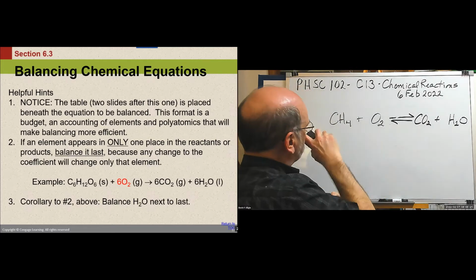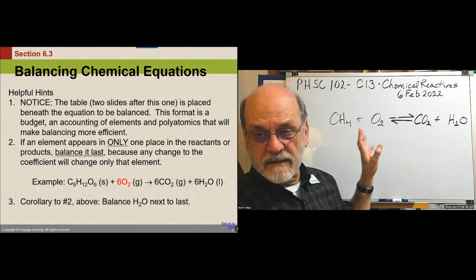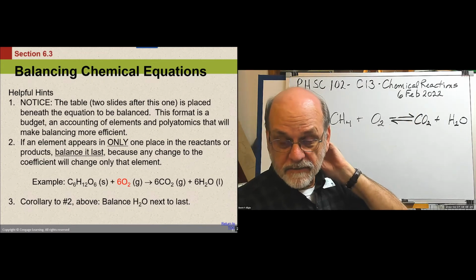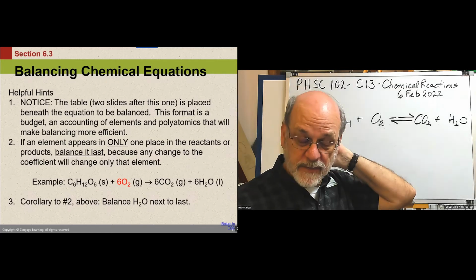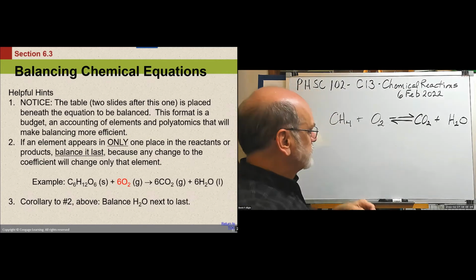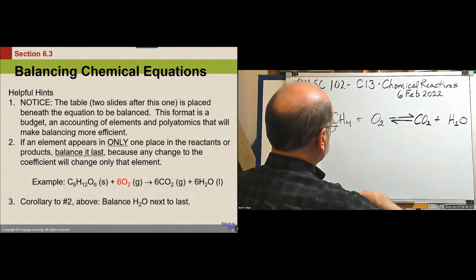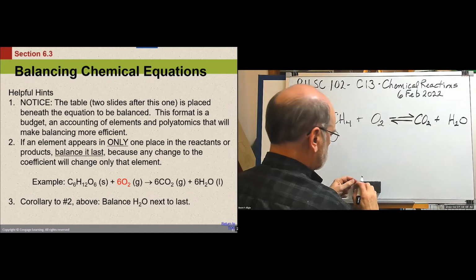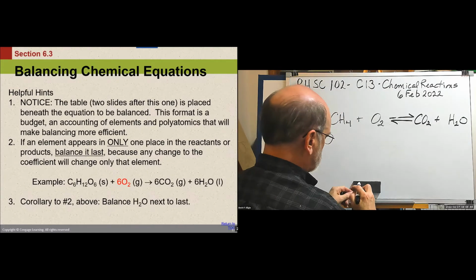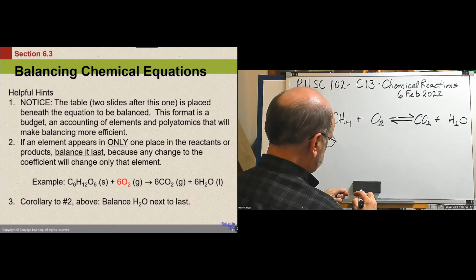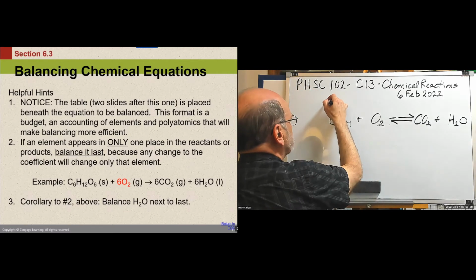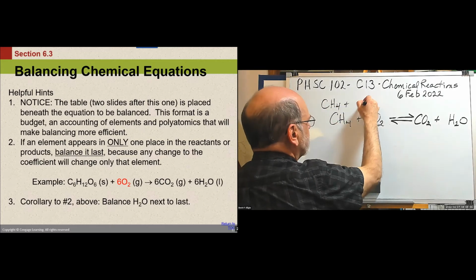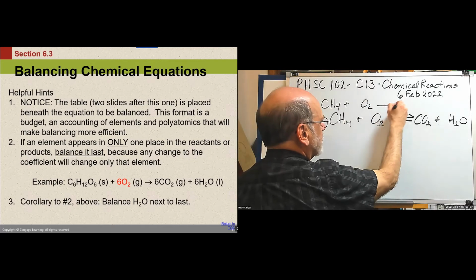Here we go. And when you write the unbalanced equation, you need to leave room in front of each of the compounds and elements, as the case may be, to put numbers in there. So I need to rewrite this. Let's do it this way: CH4 plus O2, leave some room in there.